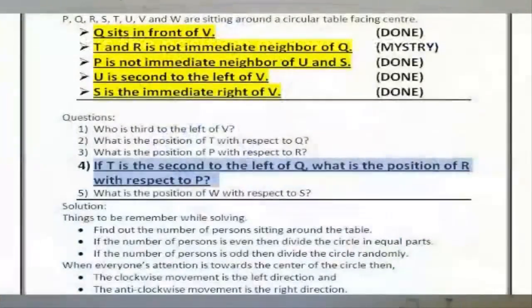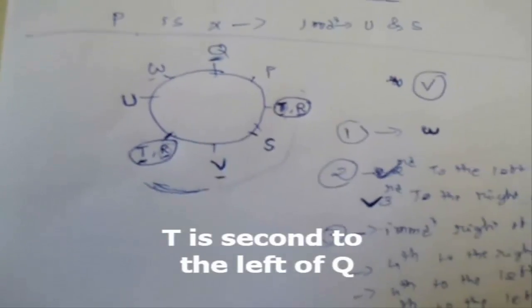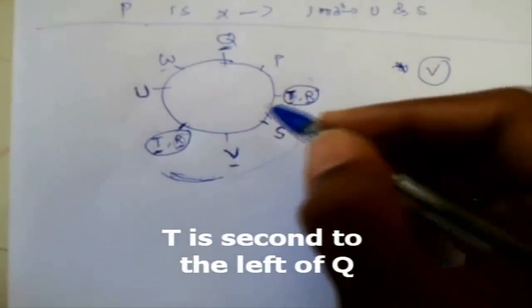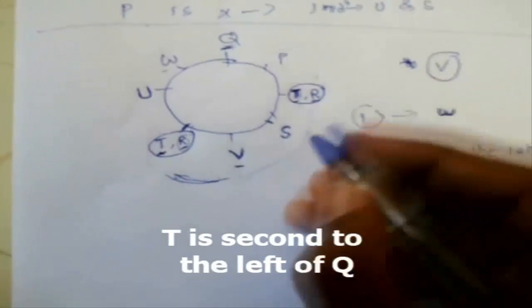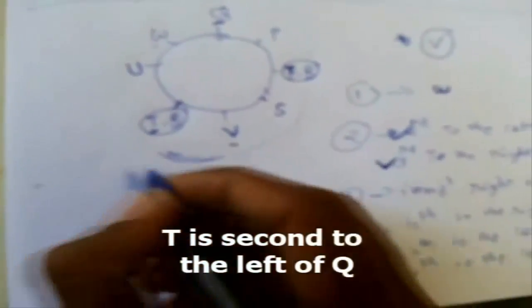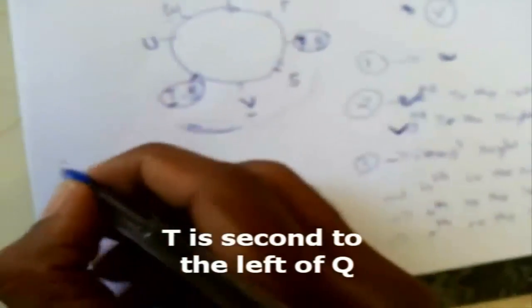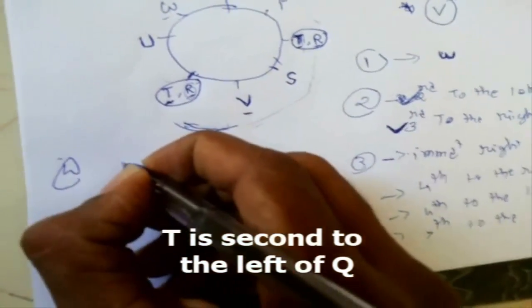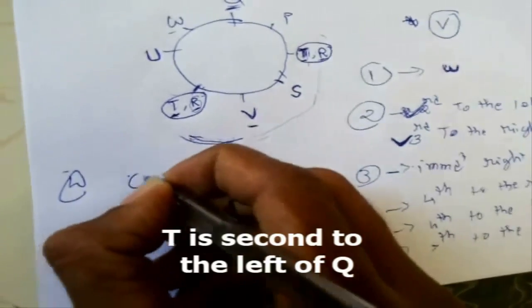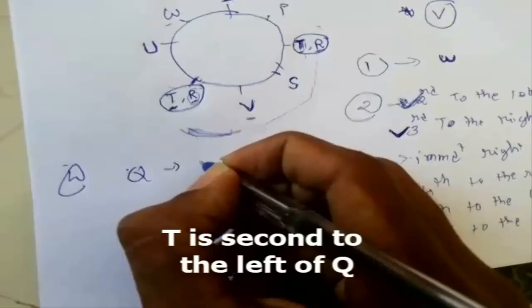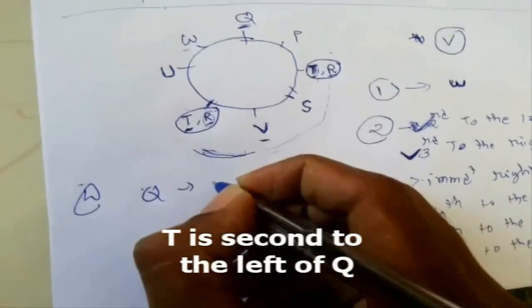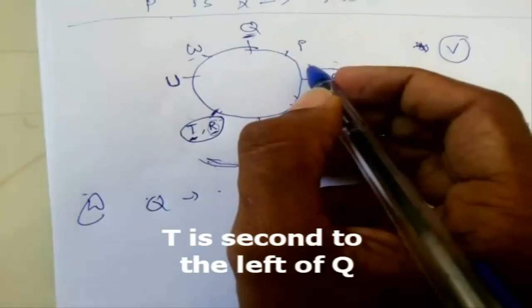Now the fourth question says, if T is second to the left of Q, what is the position of R with respect to P? So we will see if T is second to the left of Q. The word followed by of is Q, and the direction is left, so we will move in a clockwise direction.